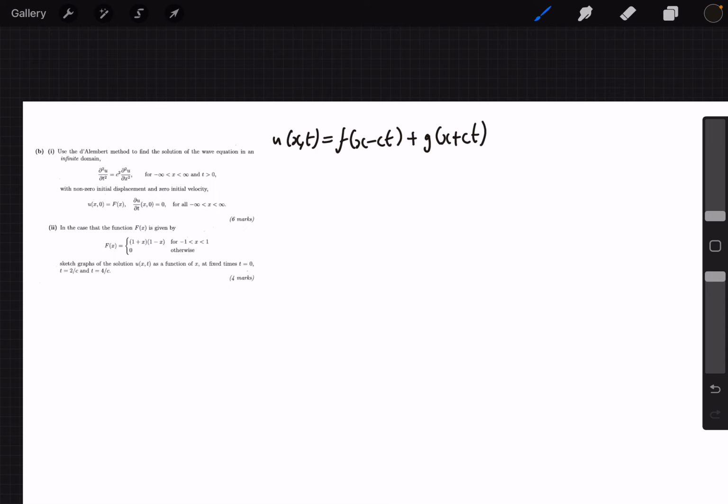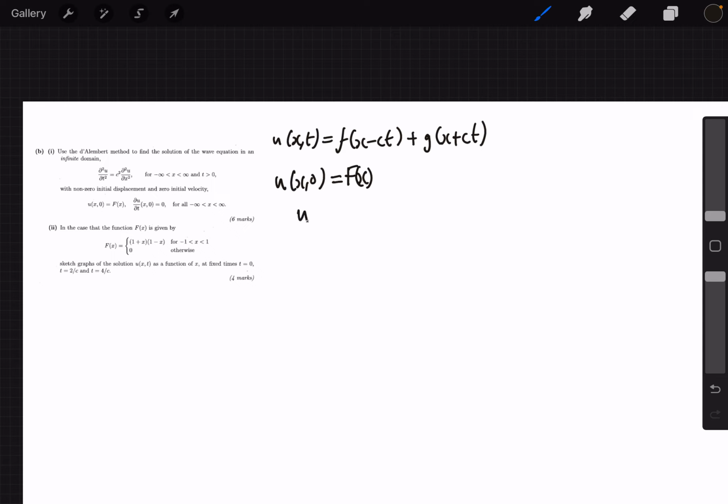So if we look closely at the question, it's asking us to find a solution to the wave equation that we're given below. And we're also given some initial conditions that can help us solve this. So we know when t is 0, u(x,0) equals f(x).